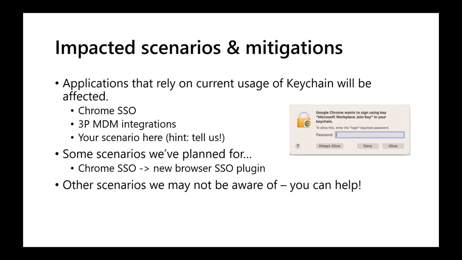Applications that use Apple's system native frameworks like Safari, or that leverage Safari web views, generally should work fine. But it's third-party applications that do not leverage Apple's native system frameworks and don't leverage Microsoft's auth libraries where there may be issues. Chrome is the most prominent example that I'm aware of, and that's why we're building the Chrome extension so that we can get Chrome to talk with the broker.